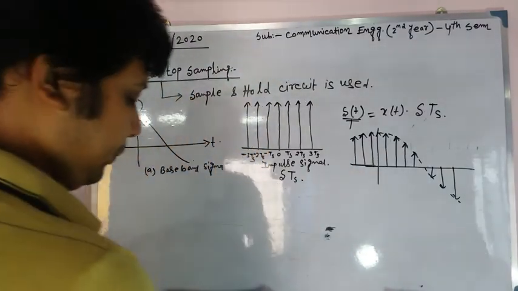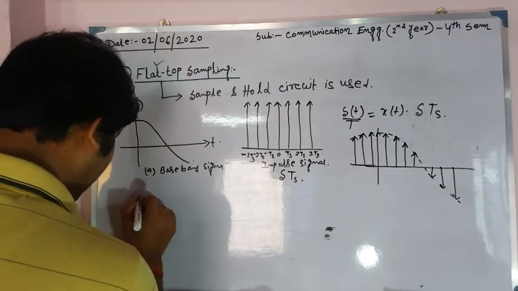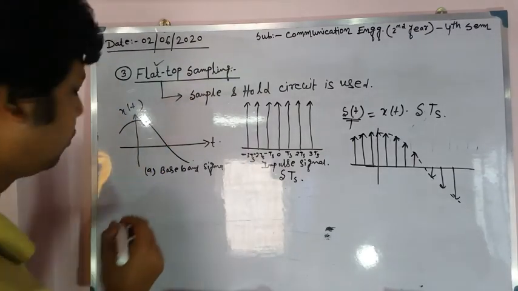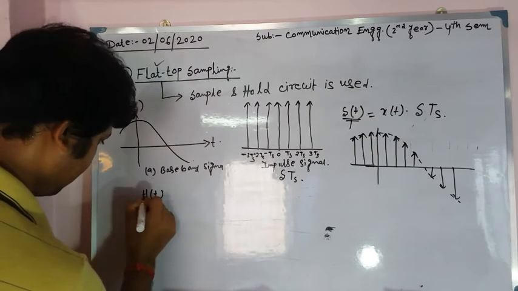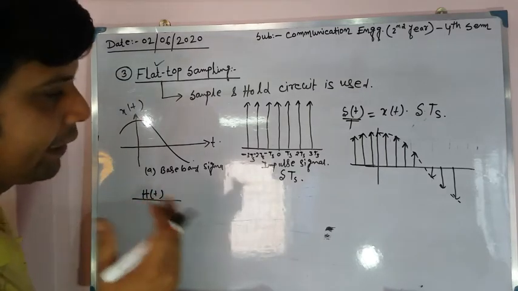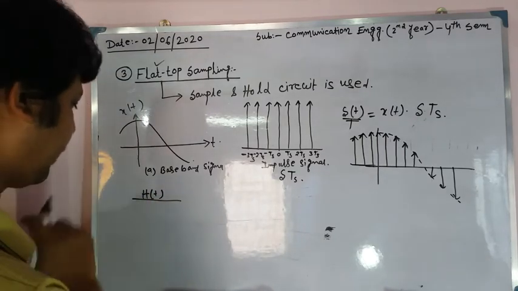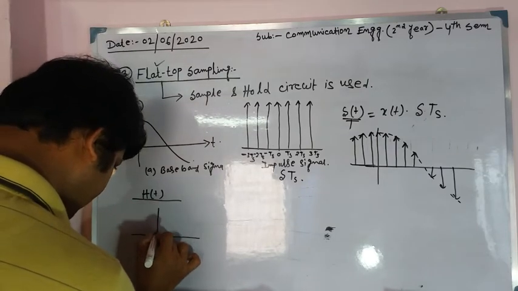And then we know the rectangular pulse train. The rectangular pulse train or rectangular pulse signal is denoted by h(t), which is this type of rectangular pulse.